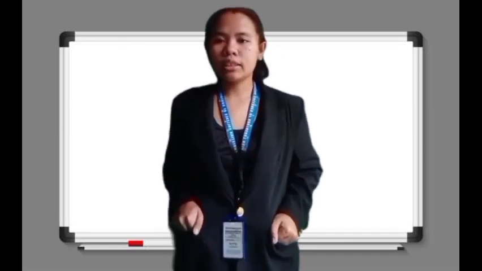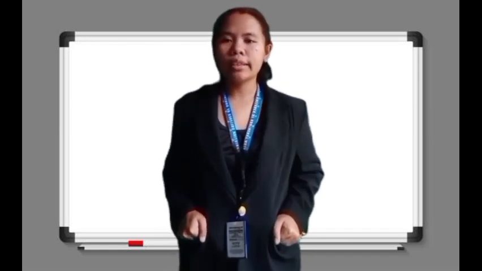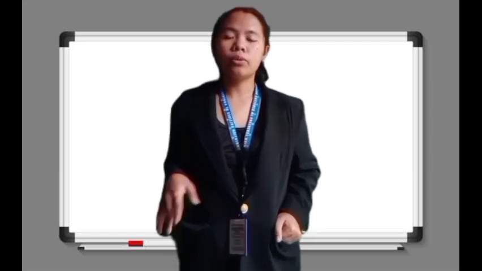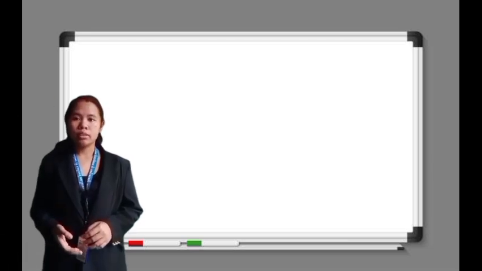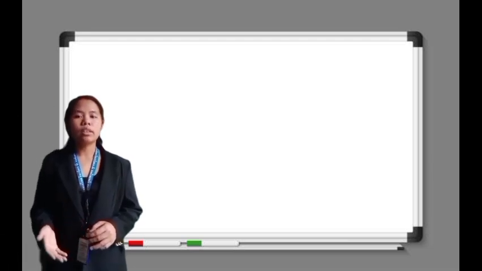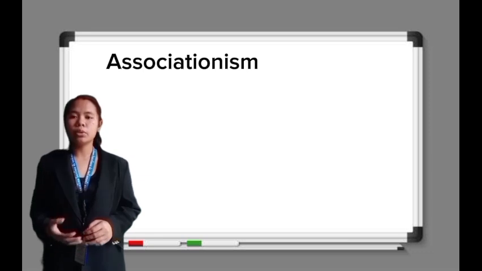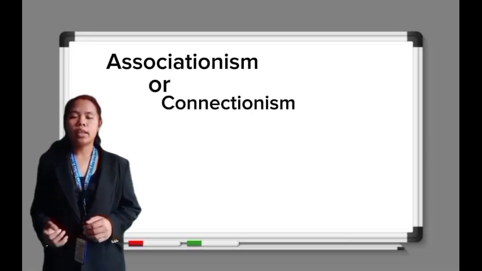And at the end of this lesson, we should be able to identify the primary laws of learning postulated by Edward Thorndike and how behaviors are learned according to Thorndike's laws of learning. The primary laws of learning postulated by Thorndike are under the umbrella of associationism or connectionism.